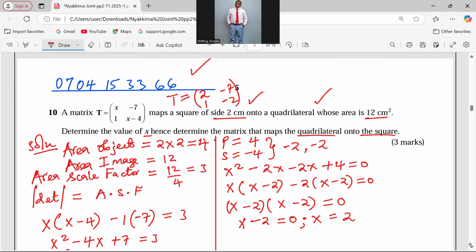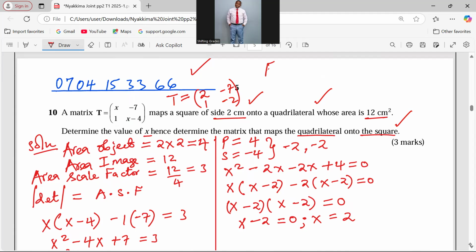But look at the question that we are having. Hence, determine the matrix that maps the quadrilateral onto the square. In other words, which matrix will reverse the quadrilateral back to the square? And that is the inverse of this matrix.